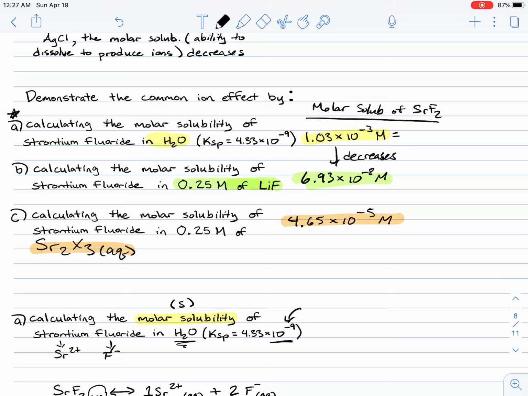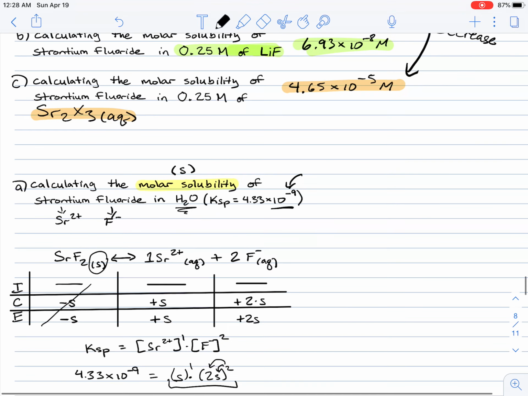So if you guys are looking at these values, remember this is part A, your control, if you will. If you're comparing your control, the strontium fluoride that's in water, its molar solubility, to that when strontium fluoride is in 0.25 molar concentration of Sr2X3, notice that there's still a decrease. Now the magnitude of the decrease is not as much compared to fluoride.